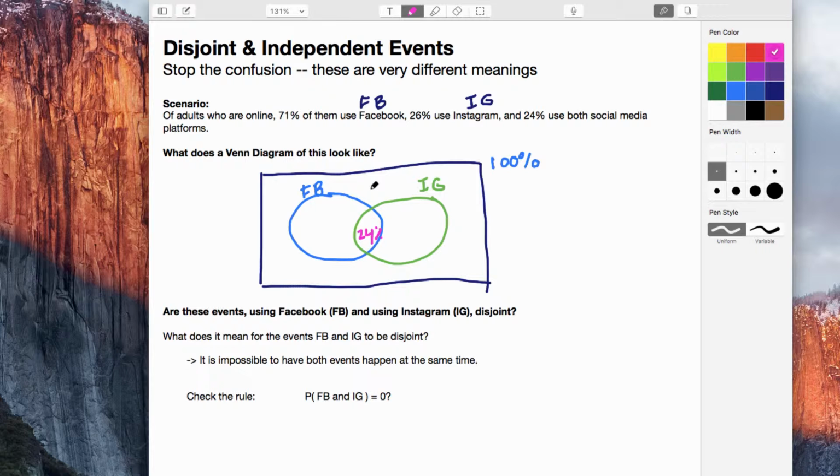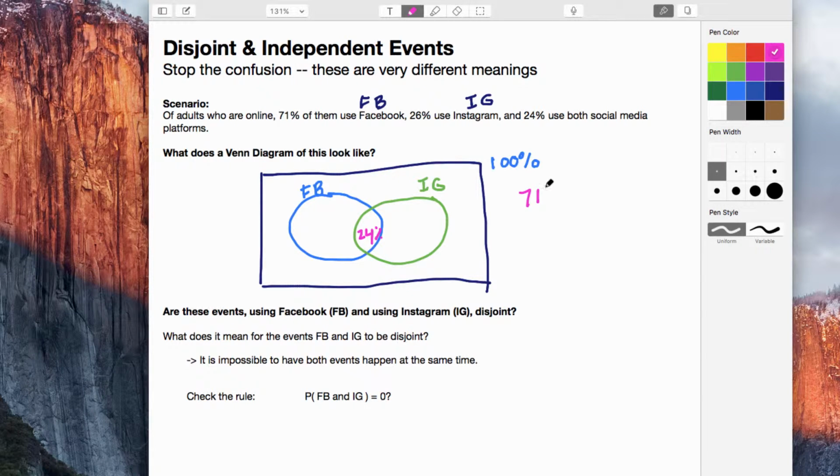So this section in the middle, those are the people that raised their hand twice, but then there's people on the outside right here. Those are the people that only would use one of those social media platforms. So I'm going to do a little subtraction.